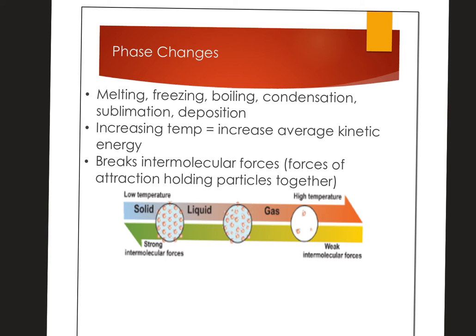And then they gather enough energy and they can go from the solid phase to the liquid phase. Now the opposite's going to happen as the temperature decreases. Particles will be moving slower, so the forces of attraction increase, and they become more strongly attracted to one another.